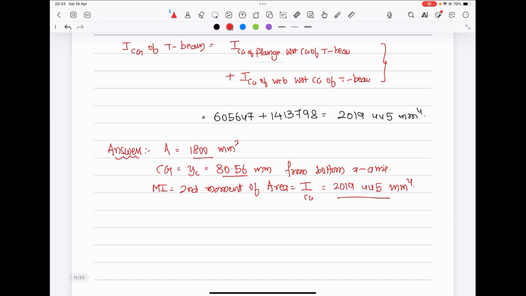Then you have to find out the first moment of area for each of the areas given, A1, A2, A3. Then we have to find out the center of gravity of the combined area.